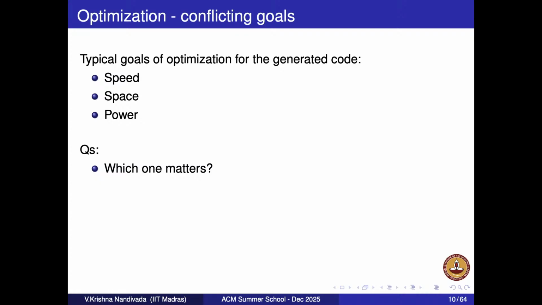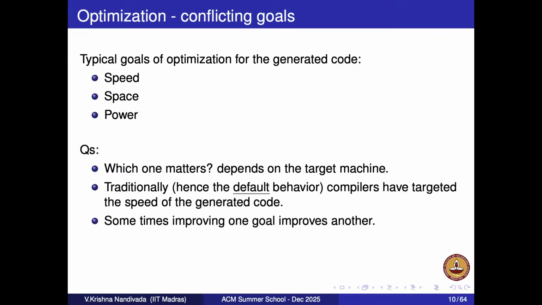You would probably want something which is very power efficient in one, very fast in the other, right? So it depends on the target. Depends on the target machine, target requirement. Traditionally, when we say optimization, we optimize for speed. Okay. Sometimes optimizing one, improving one, improves the other. Not always.